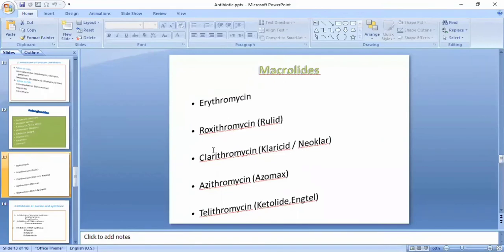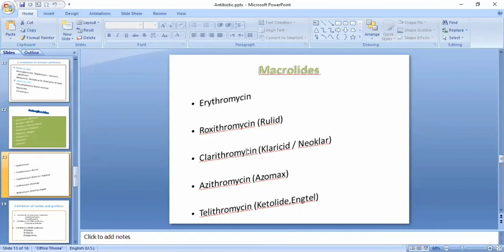Another macrolide drug, which has recently been introduced and is very effective, is azithromycin, and the advantage of azithromycin is that it is taken once a day. Once a day.